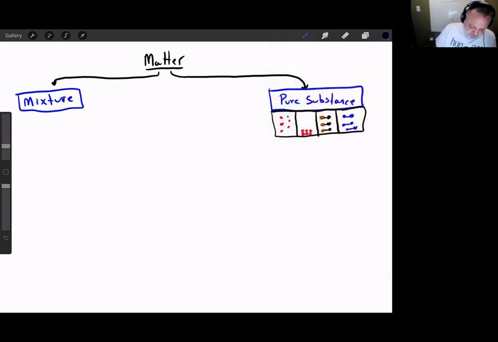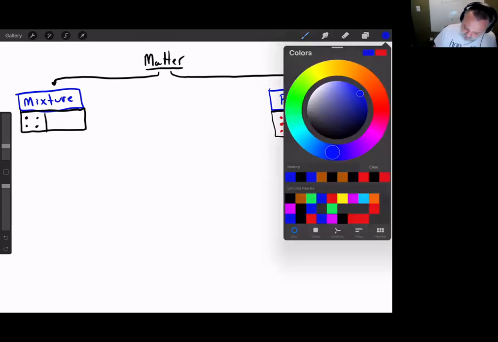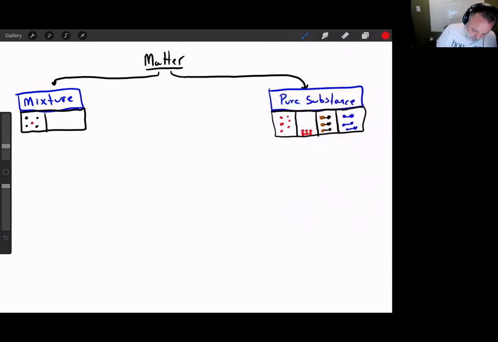Let's do mixtures. Here's a mixture. Let's use red. Right? The red and the black atoms are not bound together, so they're different types and they're different substances.